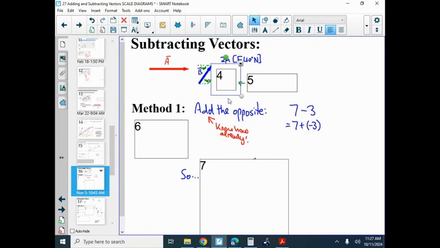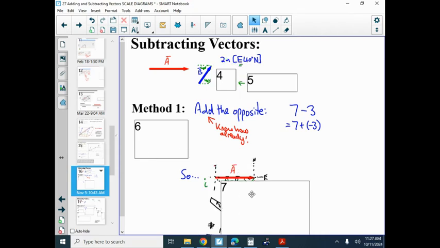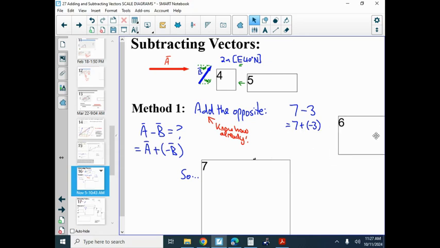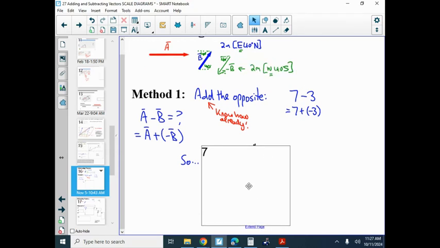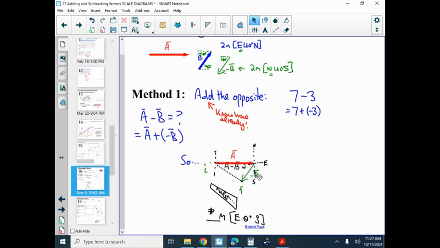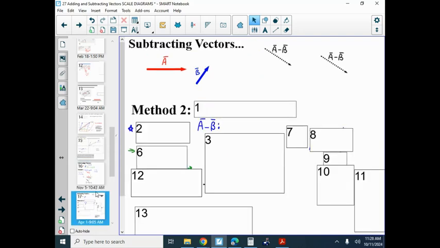And so if you wanted to do A take away B, then you can think of it as A add negative B. So you just have to think of what that negative B vector looks like and literally just add them up, right? So you could make a diagram where you're adding the negative vector and so on. You could make a scale diagram, you could measure and so on. Okay, so nothing new there other than just saying we add the opposite instead. So I'm not doing an example, but obviously you could do a scale diagram and make that happen.